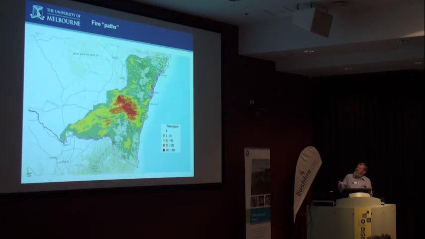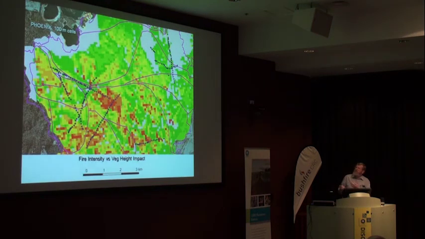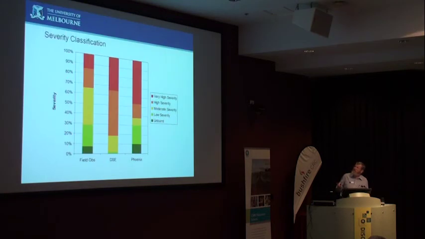We can look at the fire proneness of the landscape when we light tens of thousands of fires across the landscape. And we can also look at fire severity, really important for biodiversity impact and water quality impact. And if we compare some of our field observations with what we get out there, it's not too bad. Much better than just mapping the scorch or crown loss of the overstory.